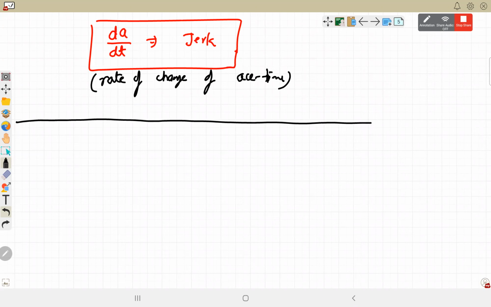Now the opposite: suppose we have a velocity time graph and we have to find displacement. So we do the integration.